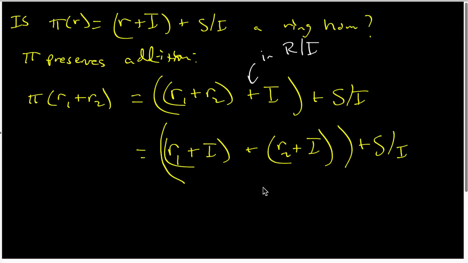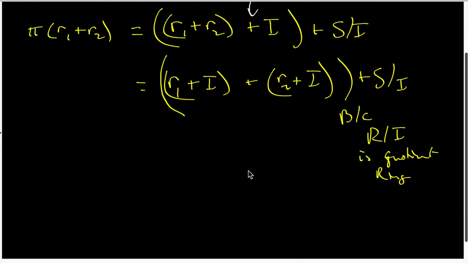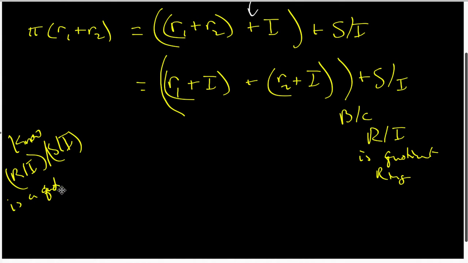And this is because R mod I is a quotient ring. But we also know that R mod I modded by S mod I is a quotient ring. And this is the sum of two elements in R mod I plus the ideal that we are modding out by.